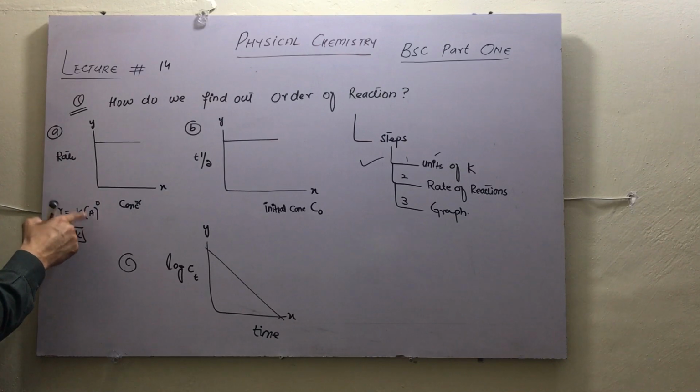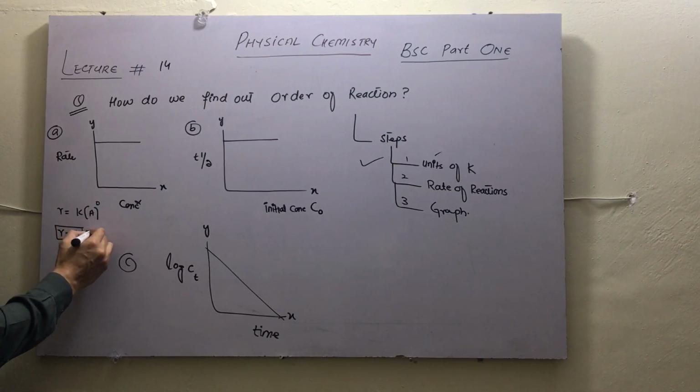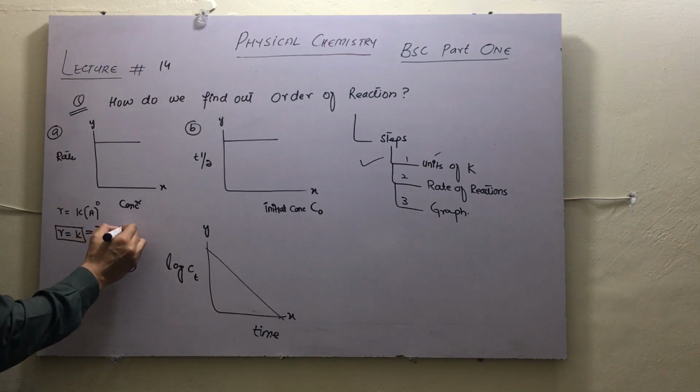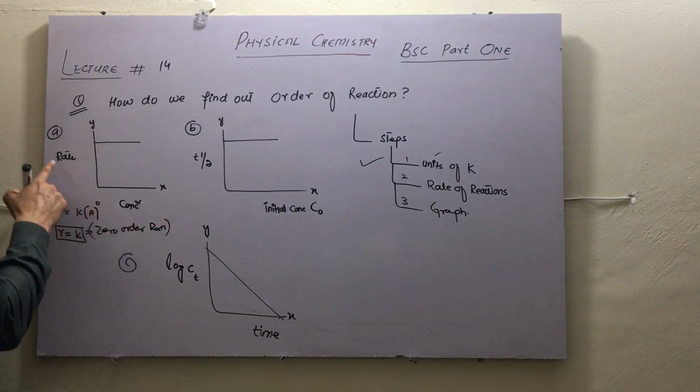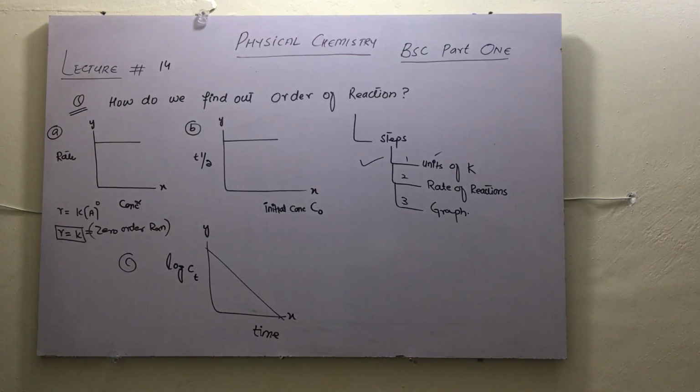It does not depend on the concentration. In which rate does not depend on the concentration, that's why it is zero order. A straight line is obtained, because the concentration of A is to the power 0, so rate is directly proportional to k. So this is the zero order reaction.